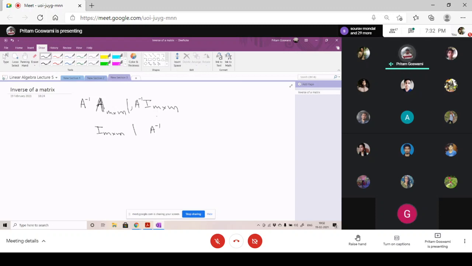From the right side, if you multiply with a matrix B, you can get I, but from the left side you cannot find such a matrix. For inverse we generally mean you can multiply it on both sides and you will get the identity. So for that we are taking square matrices.